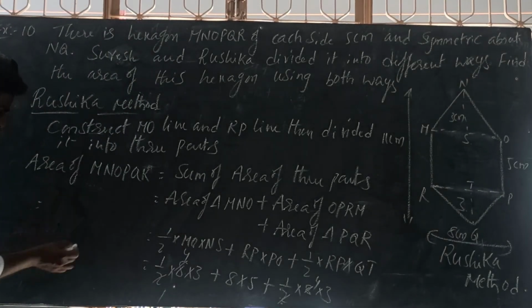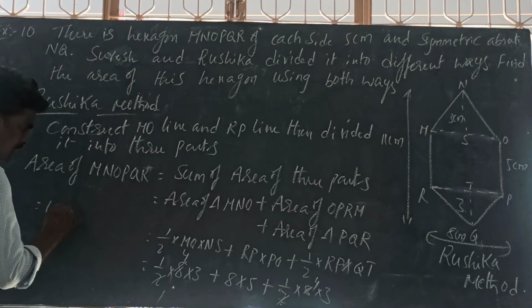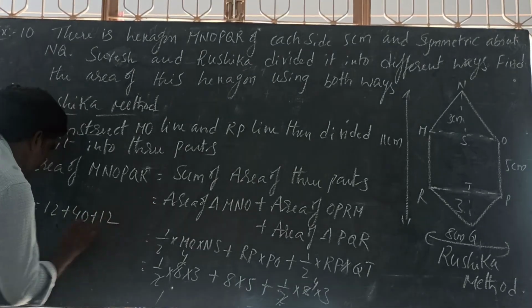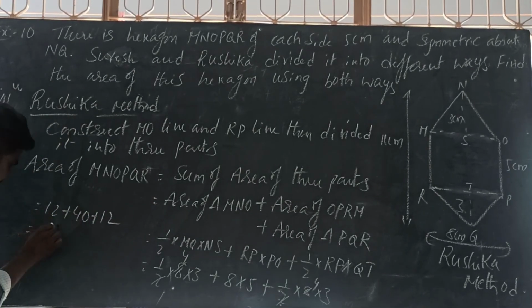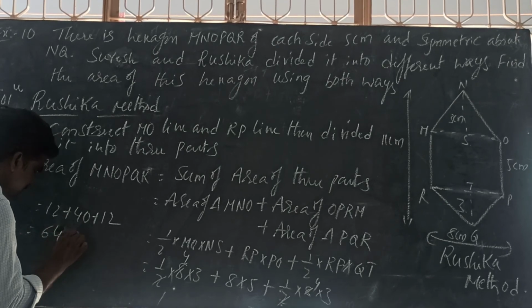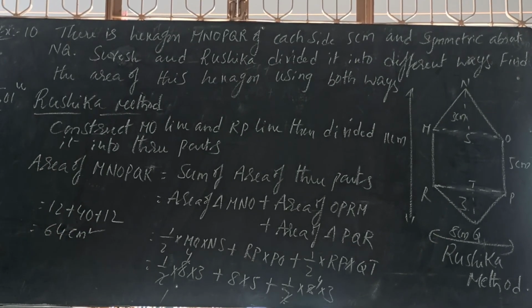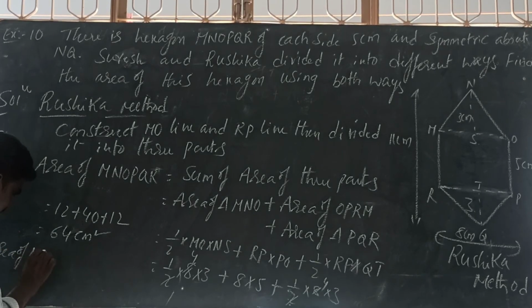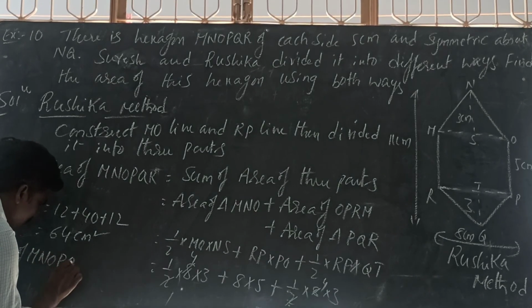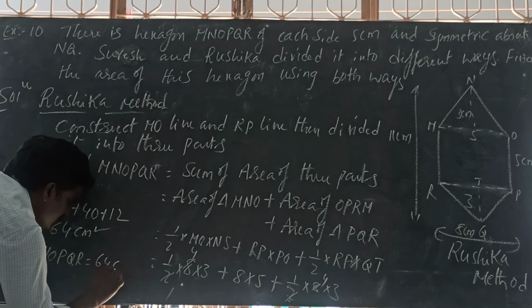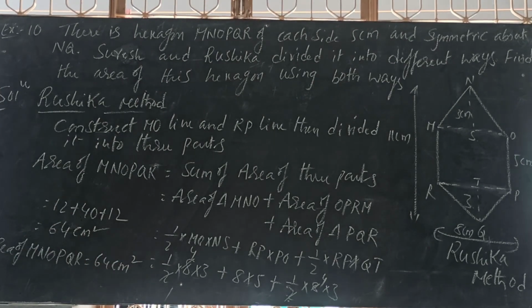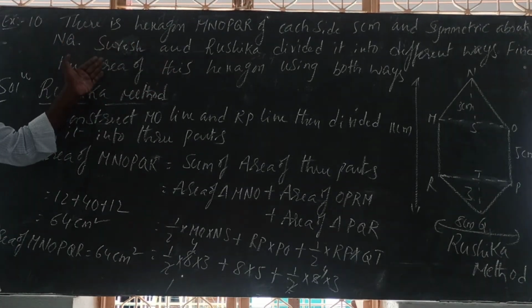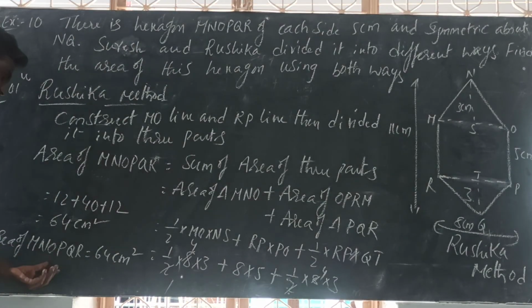That is equal to 4 threes are 12, plus 8 fives are 40, plus 4 threes are 12. So the total is 64 centimeters square. So the area of hexagon MNOPQR is equal to 64 centimeters square. Therefore, in Suresh's method and Rusika's method, the total area of the hexagon is the same.